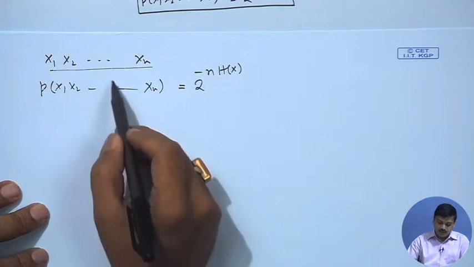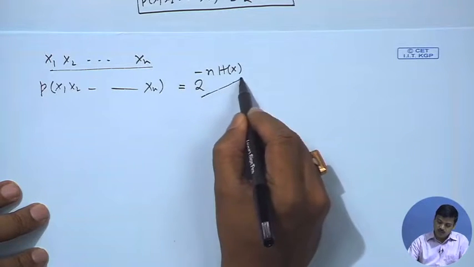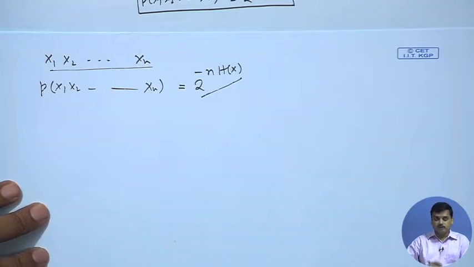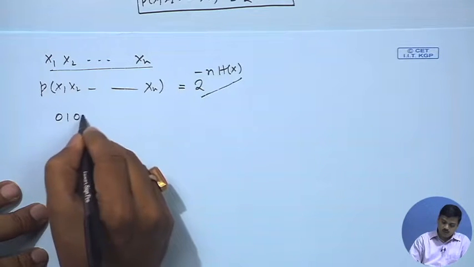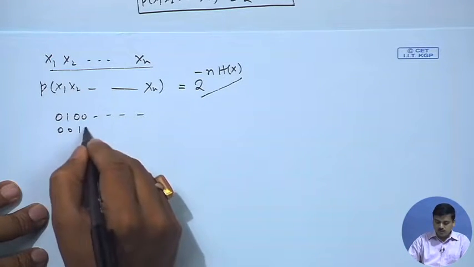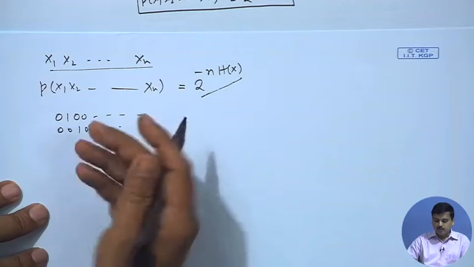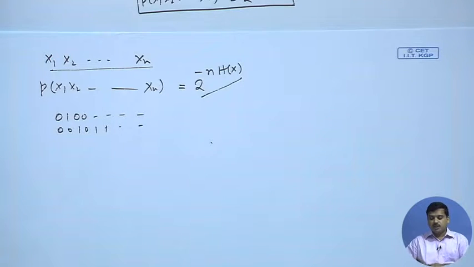And as I take as many sequences, all of those sequences have these probabilities. For instance, I could take 0 1 0 0 up to a certain number, or I could take 0 0 1 0 and so on up to xn. The probability of an arbitrary sequence is 2 to the power of minus n h(x).